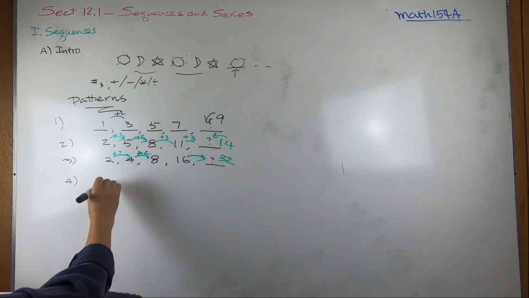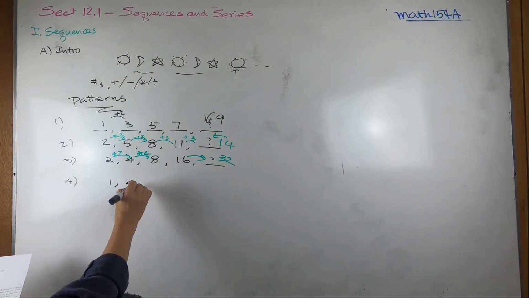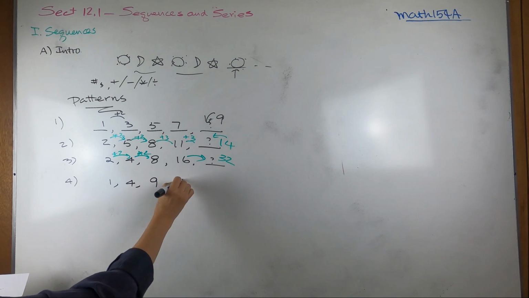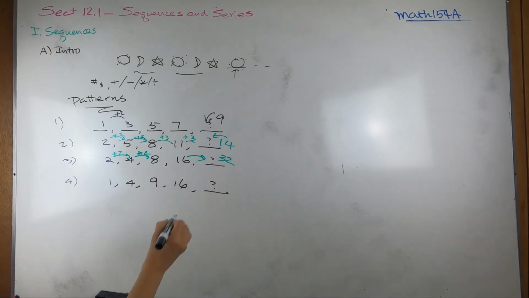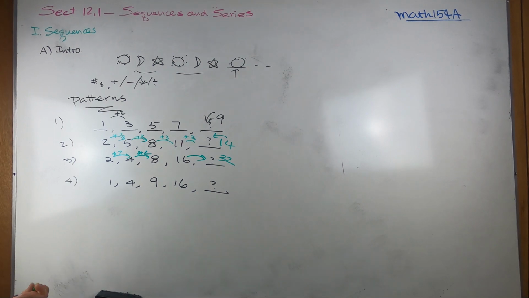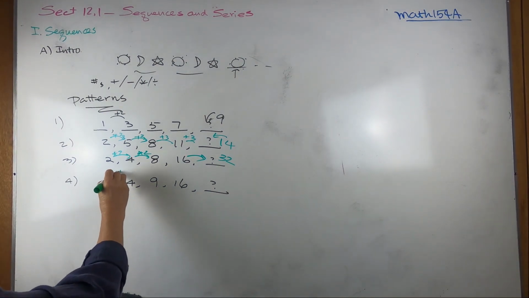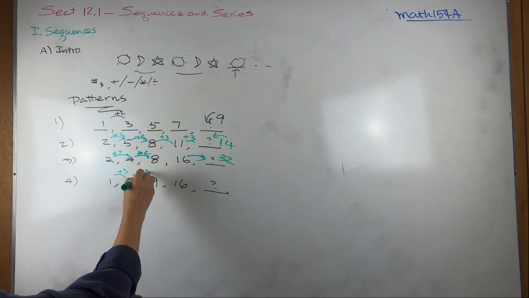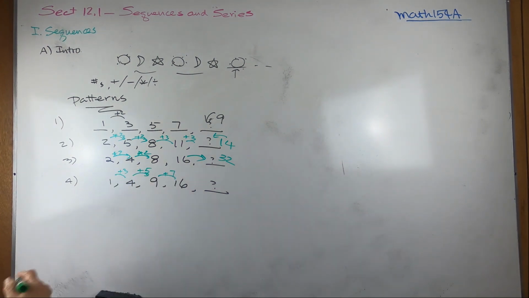If I have 1, 4, 9, 16, what do you think the next number would be? I just try adding and multiplying. This one would be adding 3, adding 5, adding 7.